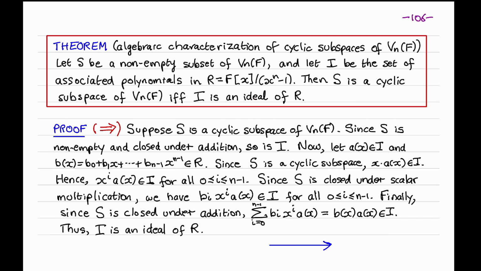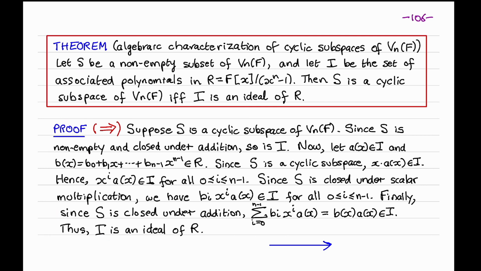Let's prove the theorem. For the proof, you'll need to remember the definitions of a vector subspace, a cyclic subspace, and an ideal. So first, suppose that S is a cyclic subspace of Vn of f, and let I be the set of associated polynomials. Since S is non-empty, I is also non-empty. And since S is closed under addition, I is also closed under addition.